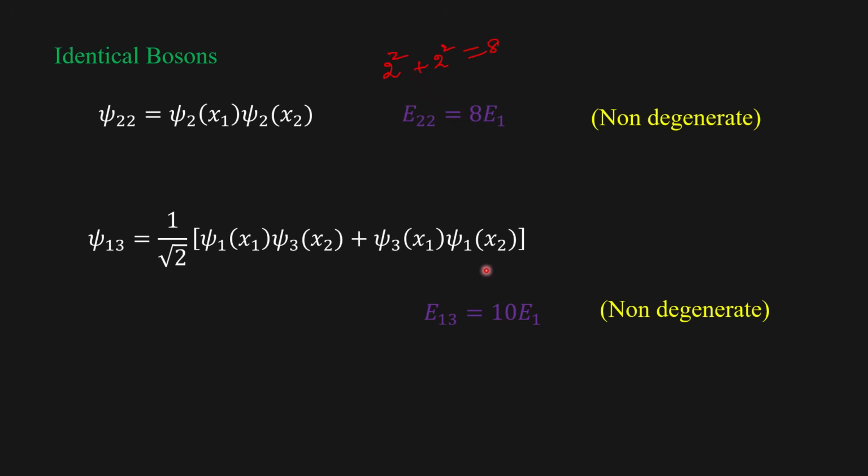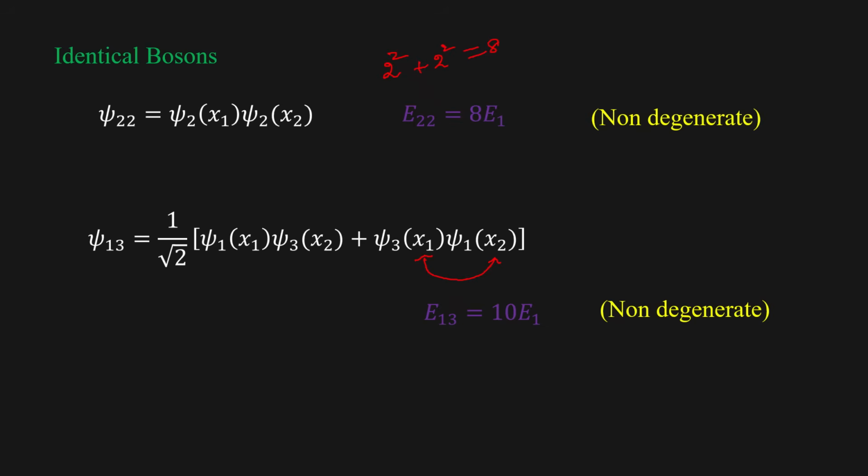So we have interchanged the particle position, but it is addition. So even if you change the particle, nothing will happen. There is no change in sign. It's a symmetrical one, and it's an identical particle. You cannot distinguish between psi 1 3 and psi 3 1 as we have seen in the distinguishable particle.